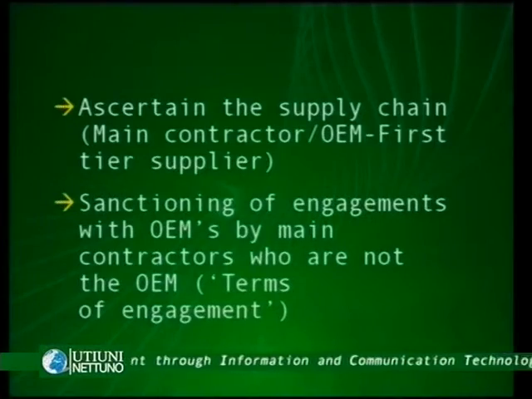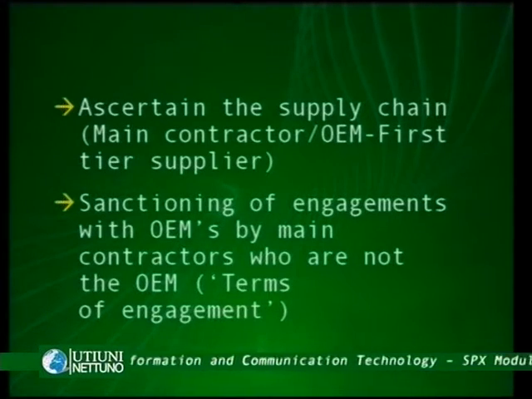The sanctioning of engagements with OEMs is quite important, in that in many instances the state-owned companies or the main contractors would like the SPX to get sanctioning, well, not really sanctioning, but to work through them to get to the OEMs so that there is harmonization in communication, so that they know that the SPX is going to their OEMs or their suppliers with the right message and that they are all talking from the same page. It is really just to coordinate the communication.